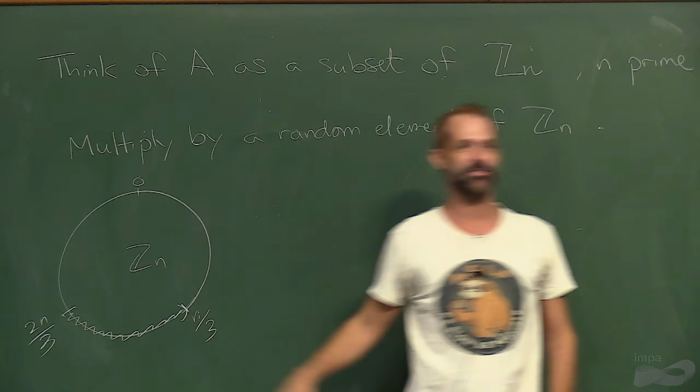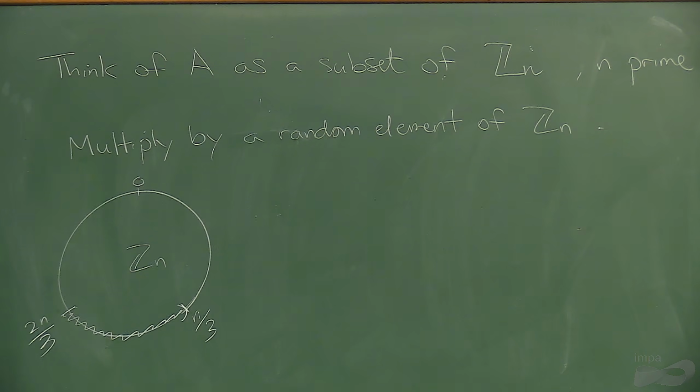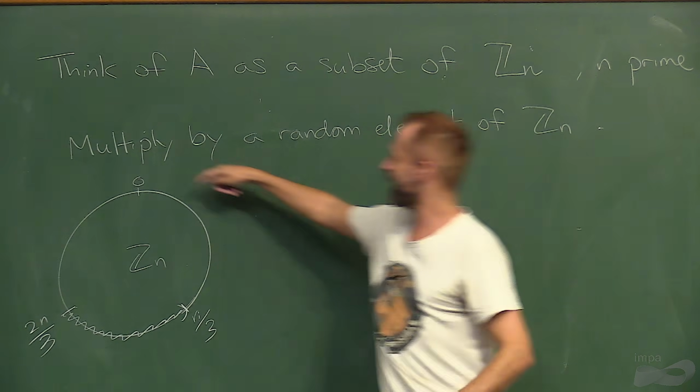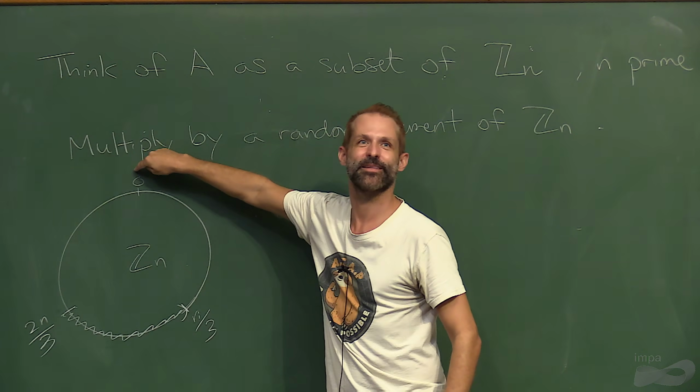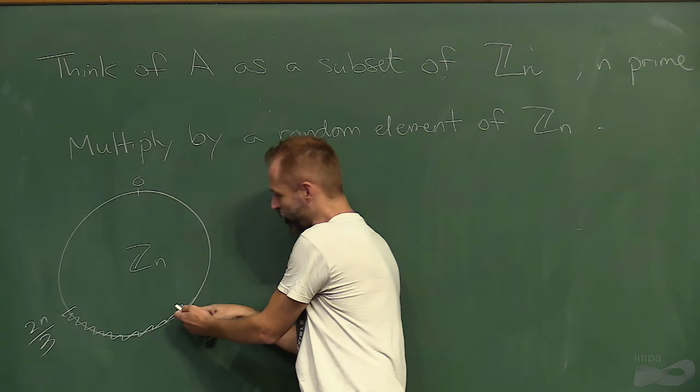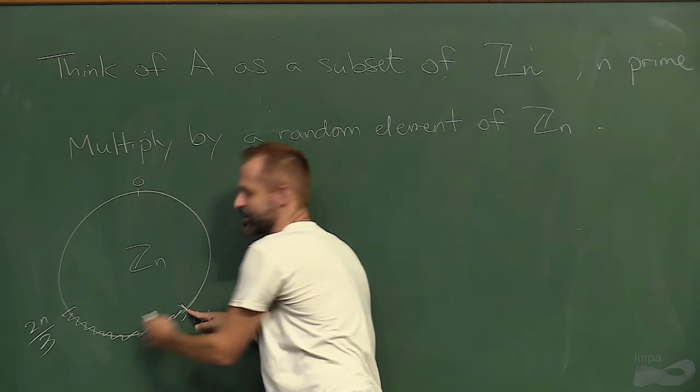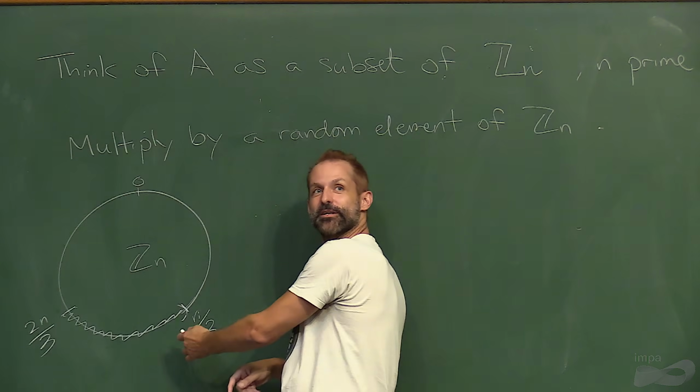So this set is sum-free. Can you now guess what to do? Don't you also have to add the 2n over 3 with the n over 3? Don't you also have to add the large ones with the small ones? You do, but 2n over 3 plus n over 3 ends up here. So it's also fine. Yeah, so it's saying that if you add this set to itself, you get exactly the complement.